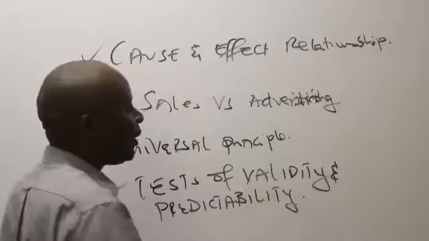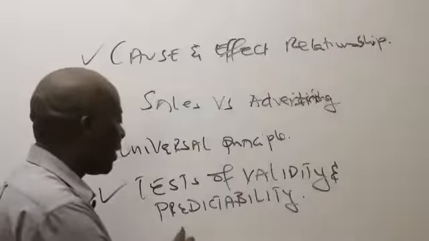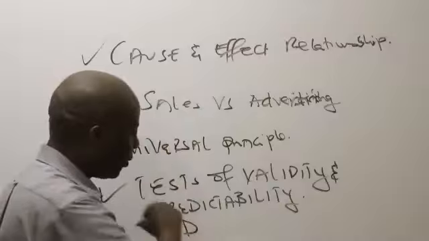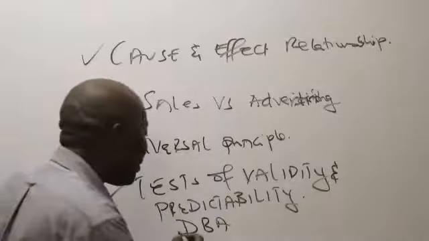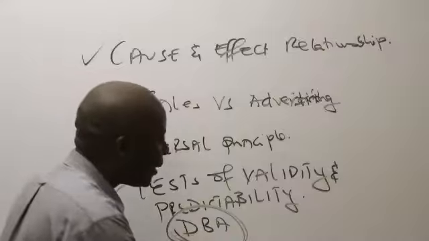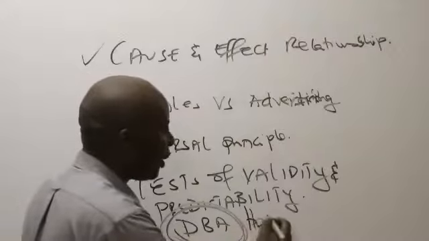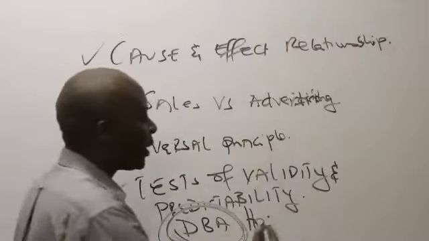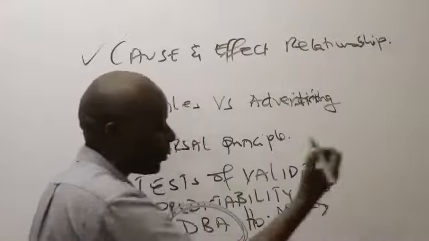For those of you who have done your MBAs and PhDs, you know that if you are doing a doctorate in business administration or management, you're going to come up with a concept paper. You're going to come up with, for example, a null hypothesis: the more I motivate my workers, the more the productivity.